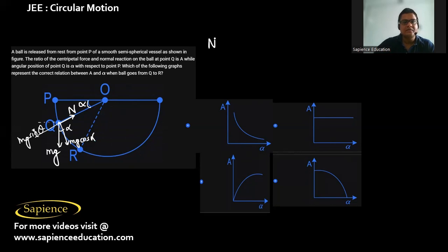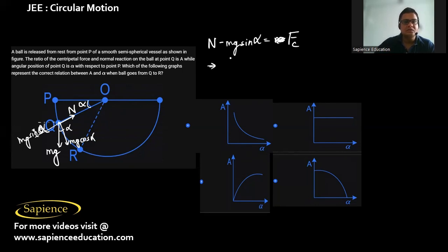So we can say n minus mg sine alpha. That is the net force towards the center, that is equal to mv square by r. So that is equal to the centripetal force.